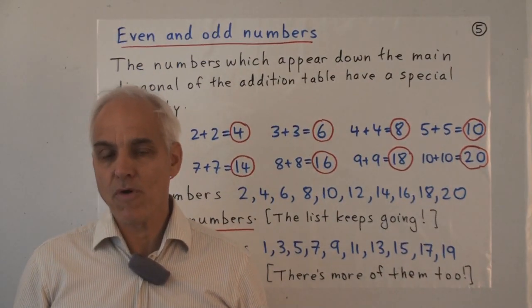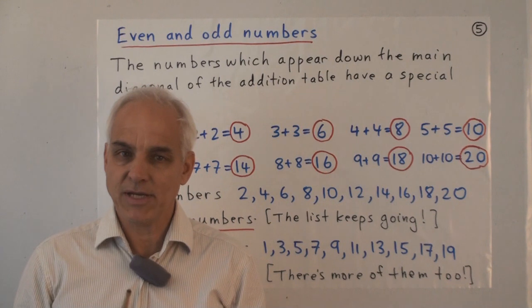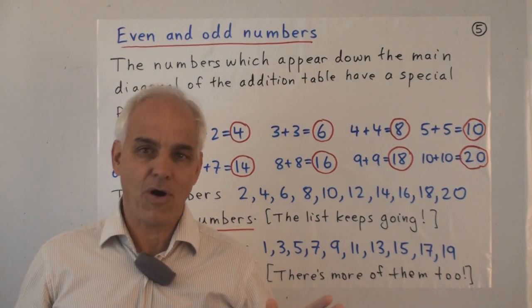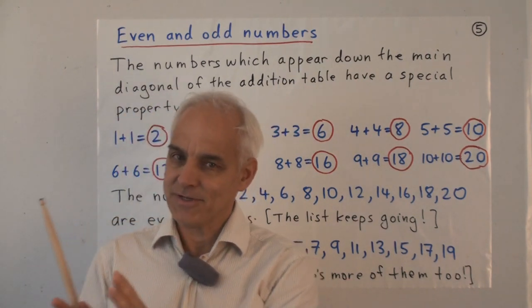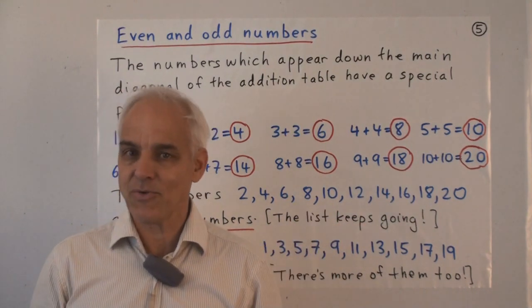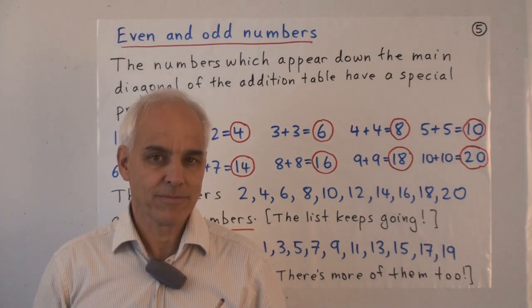As you become more familiar with arithmetic, you start to distinguish between different types of numbers. All numbers are no longer all the same. Some numbers have certain properties, others have different properties, and some numbers are sort of similar to other ones in certain ways, and other numbers similar to other numbers in other ways.